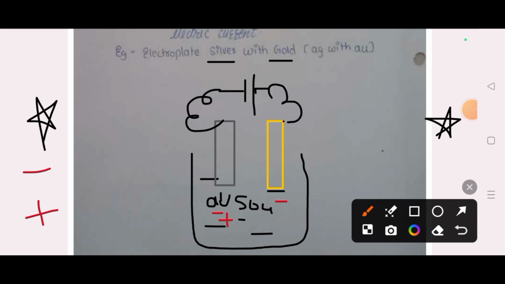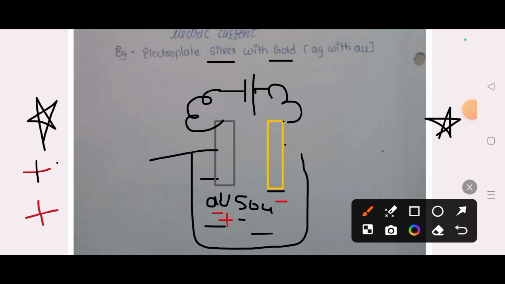Now you can also ask why we didn't connect the silver strip with the positive. Because if you connect that with positive, then it will repel, and this Au gold will deposit on gold only. Therefore we are not taking both as silver items.